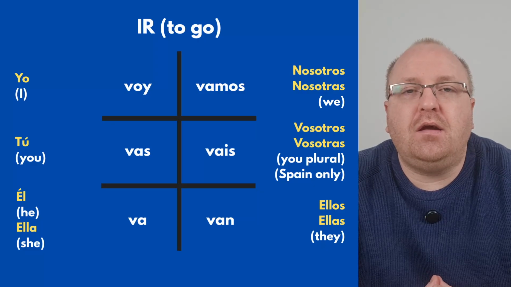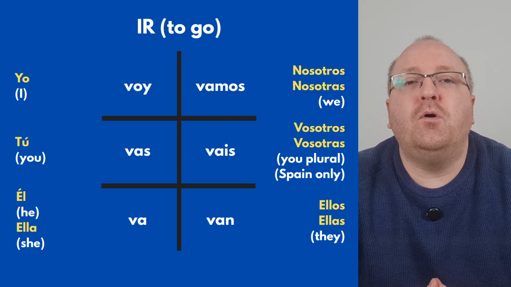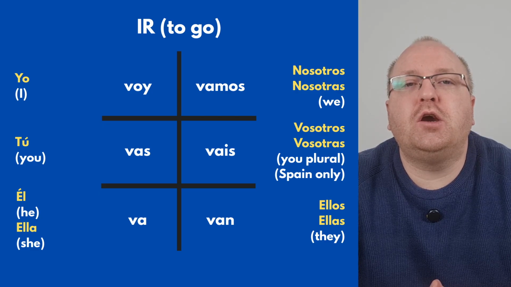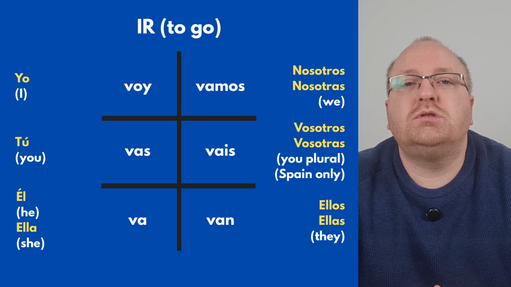So the conjugated forms of ir are I go, voy. You go, vas. He or she goes, va. We go, vamos. You plural go for Spain, vais.